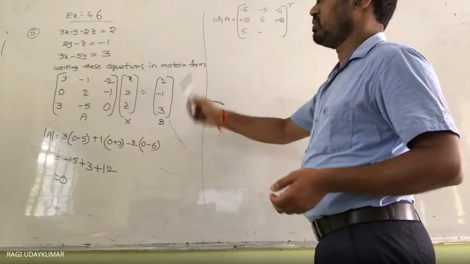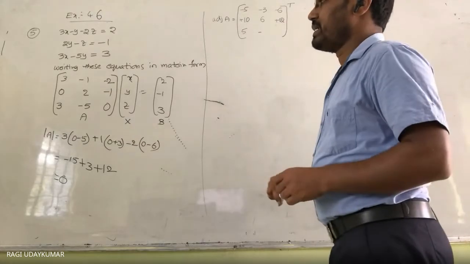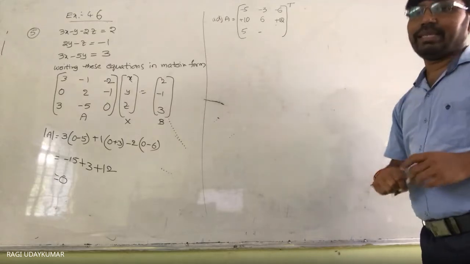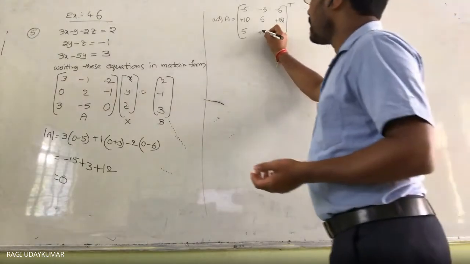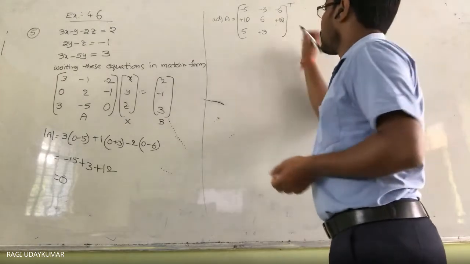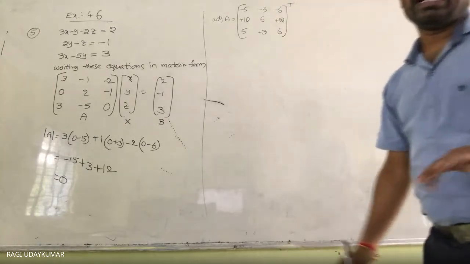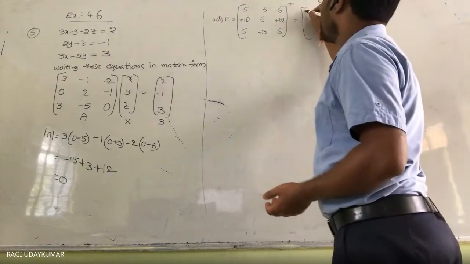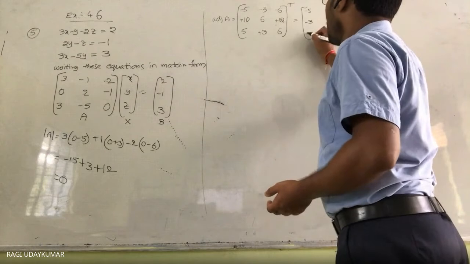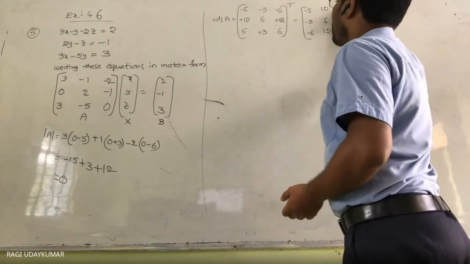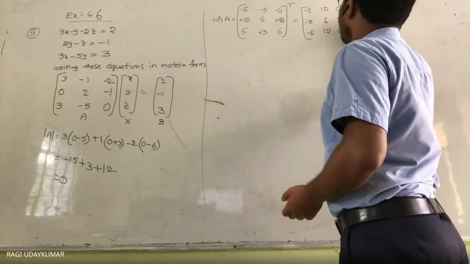Next, minus 3, with the minus already there, becomes plus 3. Next, 6. And then we find the transpose, so that means minus 5, minus 3, minus 6, 10, 6, 12, 5, 3, 6.